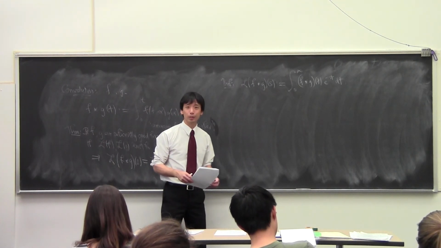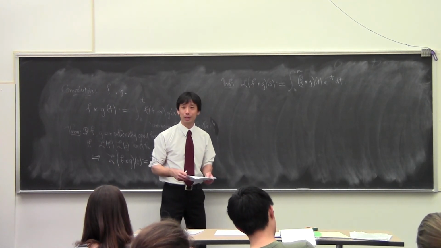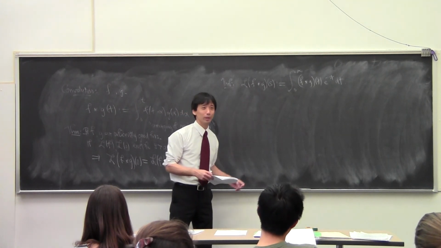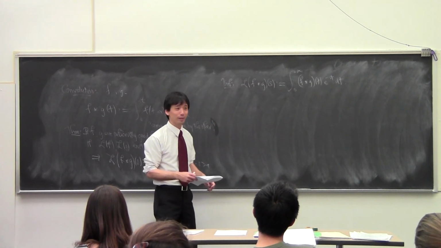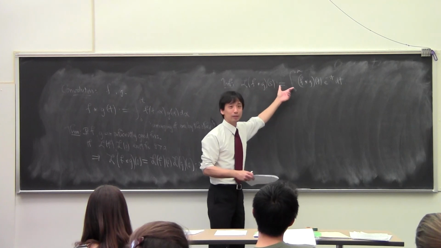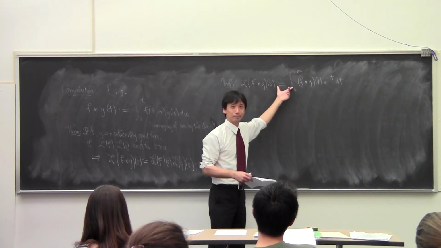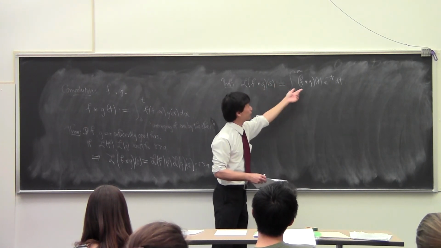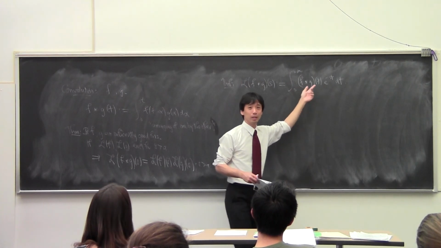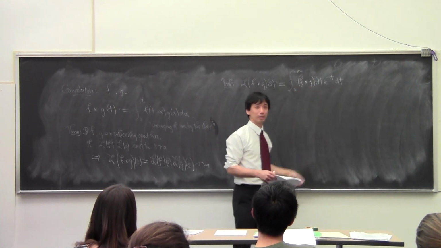If I were you, I wouldn't copy this down. I will send this to you. It's all right there. Here's the definition of the Laplace transform. You take the integral of the function against the exponential function.